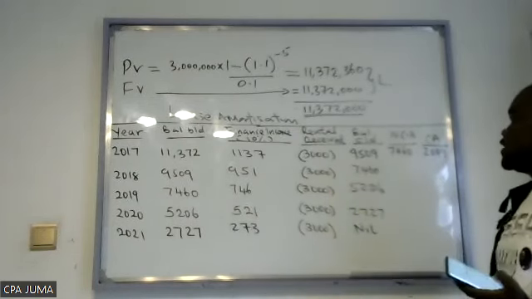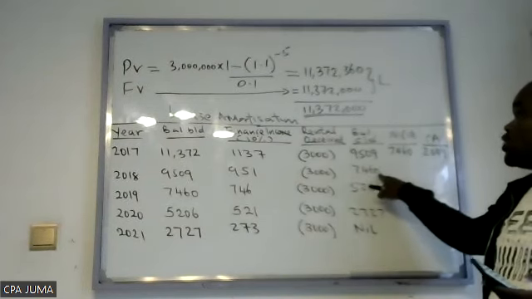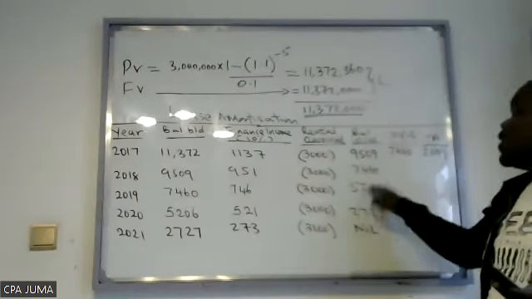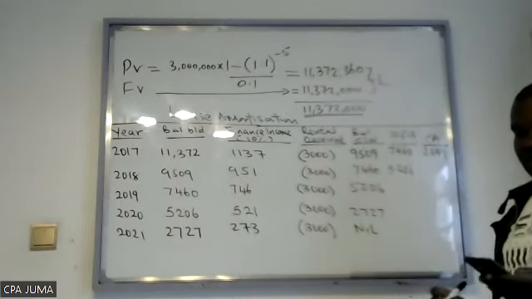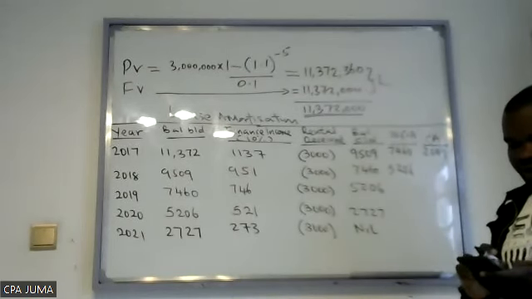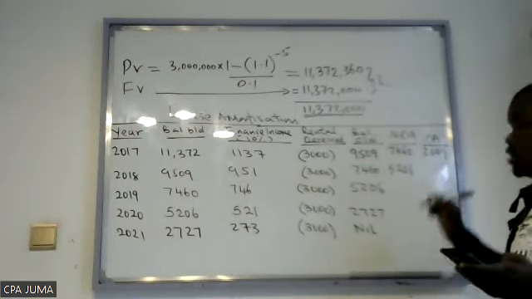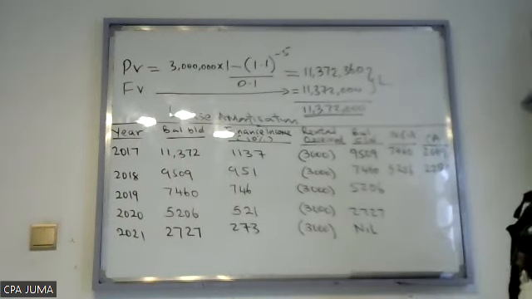We go to 2018, 7460 outstanding. Out of this, 5206 will remain outstanding after 1 year. So 7460 minus 5206 is 2254. That is current.